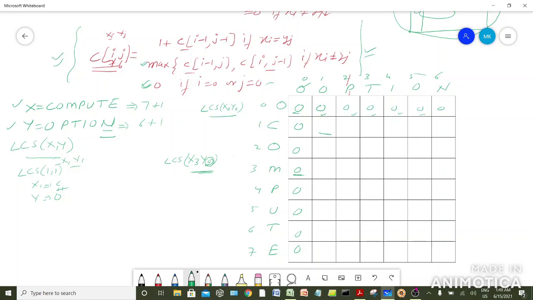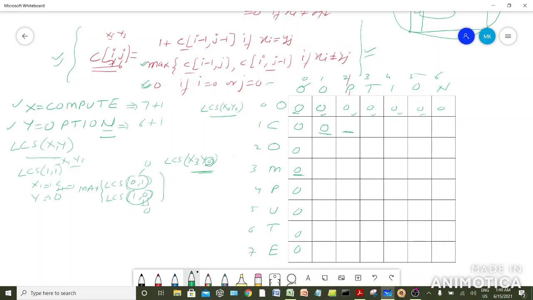For the second condition, it has to choose the maximum amongst LCS of i minus 1, j, which is 0 1, and LCS of i, j minus 1, which is 1 0. Both these values are zeros. So out of 2 zeros, which is maximum? The 0.